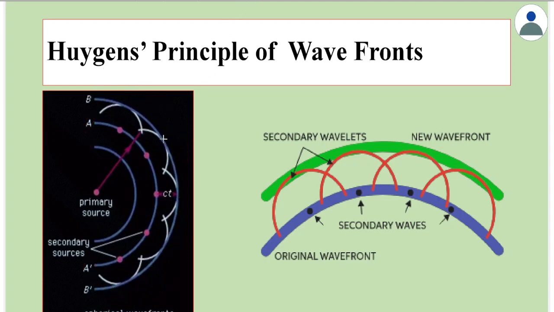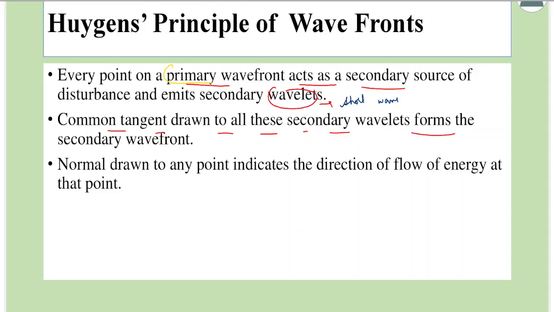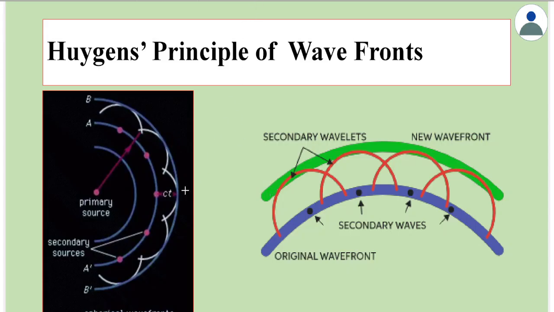Now the question is, at any given point here, how does the energy or wave move? Does the energy move along this direction or this or this? It is a question because we know that the energy from a point source goes in all directions. To understand this, let's look at the third point in the theory. It says the normal drawn to any point indicates the direction of flow of energy at that point. Suppose at a given point here, you want to find out how the energy propagates at this point, then we should draw the normal.